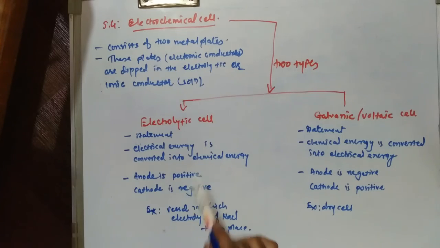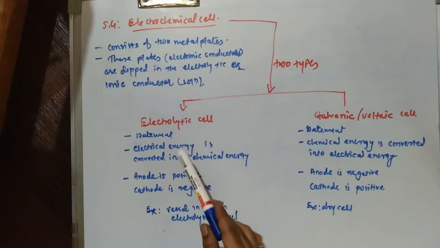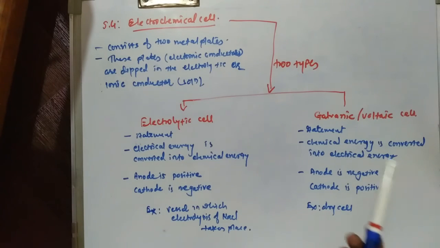Now for example, the vessel in which electrolysis of NaCl or any ionic compound takes place is the example of an electrolytic cell. And in the case of a galvanic cell, the dry cell or battery cell, where electricity is produced by a spontaneous chemical reaction, which is the redox reaction. So this is about the electrochemical cell.